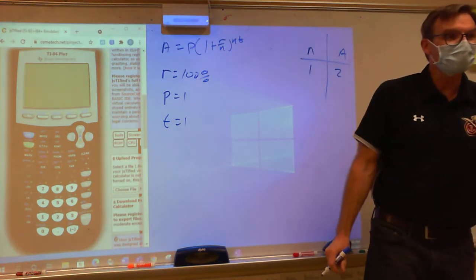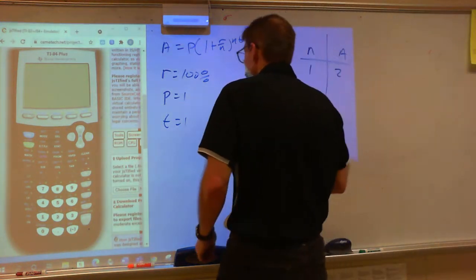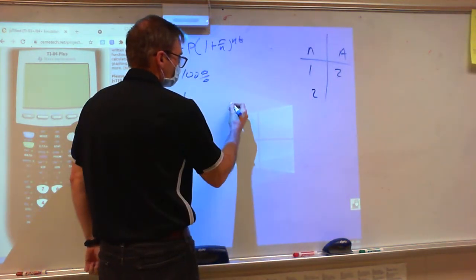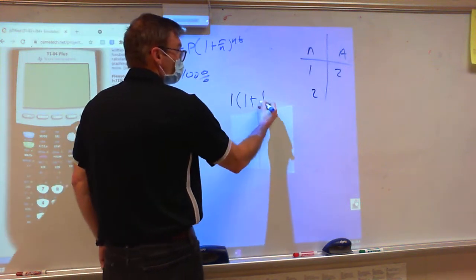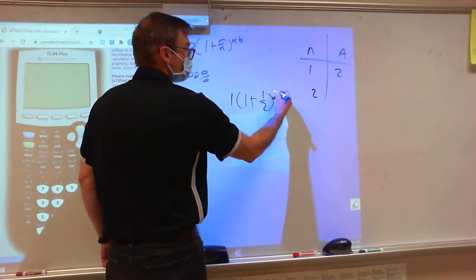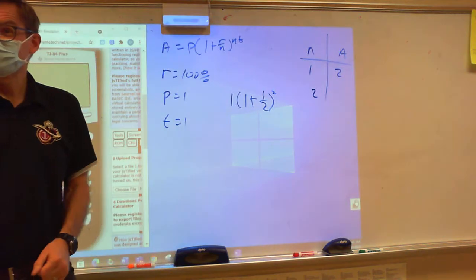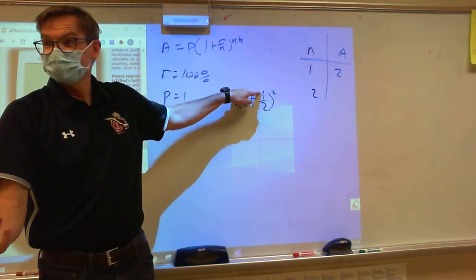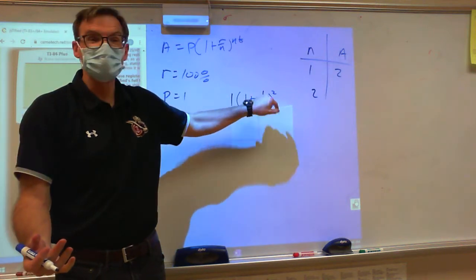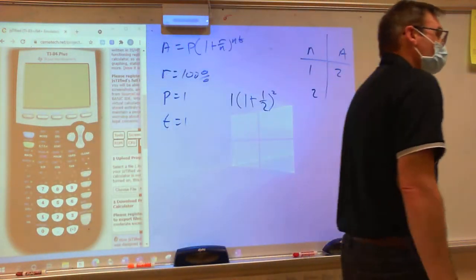What does this look like if we compound twice a year? We start with $1, it's 1 plus, the 100% is 1, but if we compound twice a year, we get that. Everybody see that? That's your interest rate, which is 1, but we're compounding twice a year, so we get a 2 here and a 2 here. And so when you type that in your calculator, what do you get?